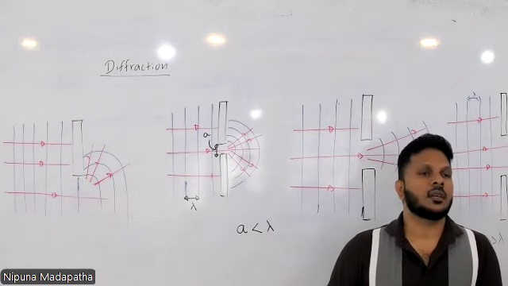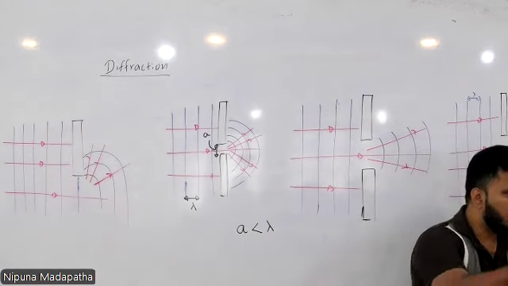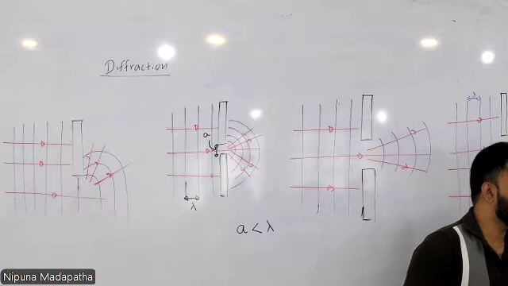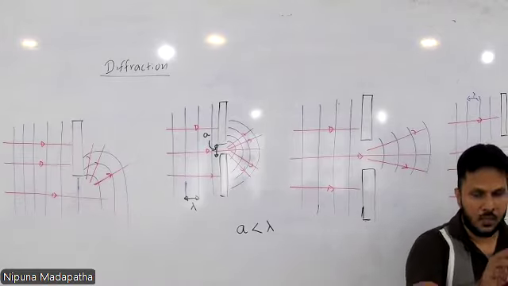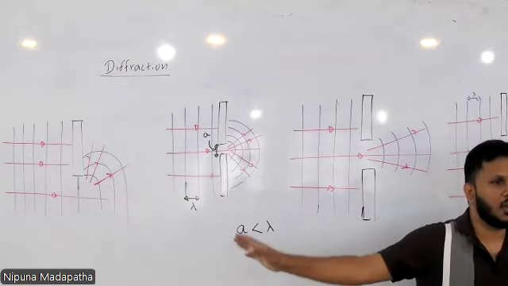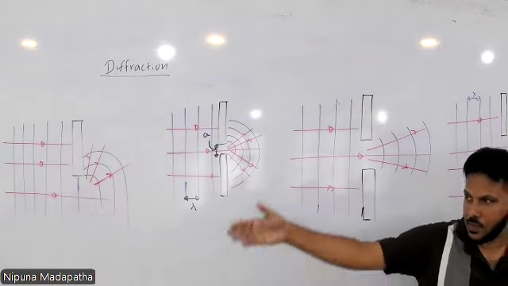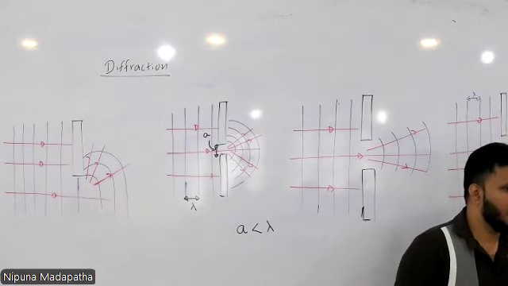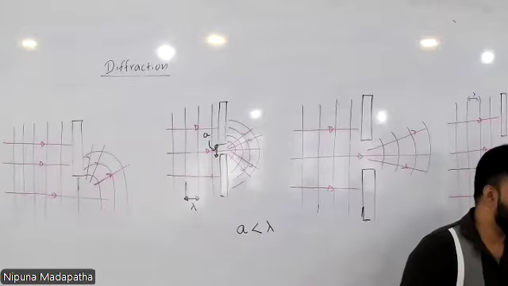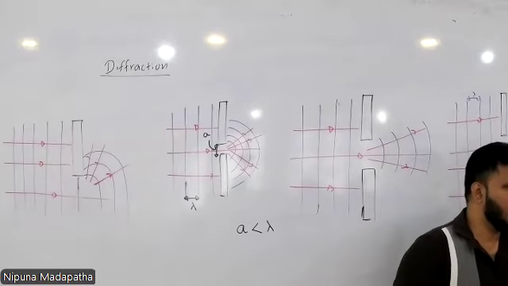But we can diffract light only from very small gaps or very small holes, right? Not from a gap of this size.